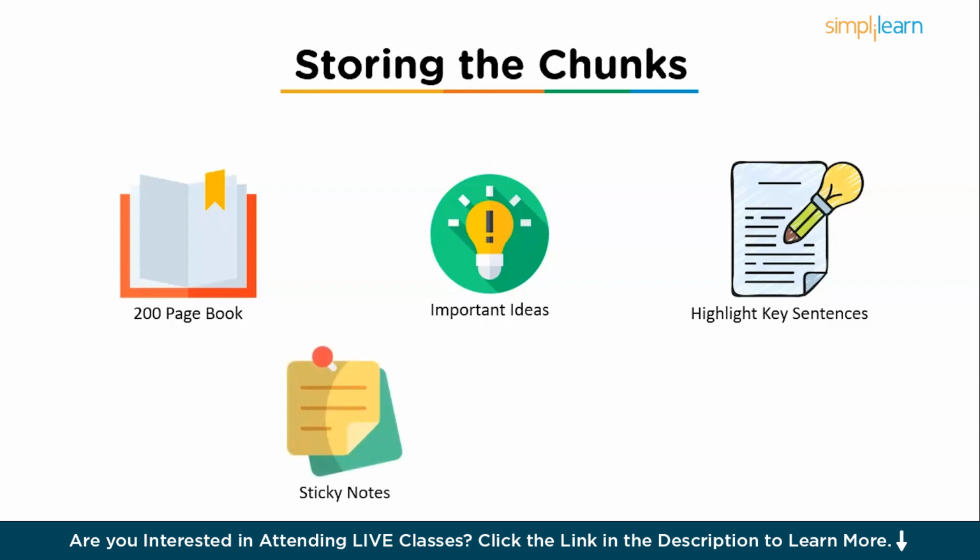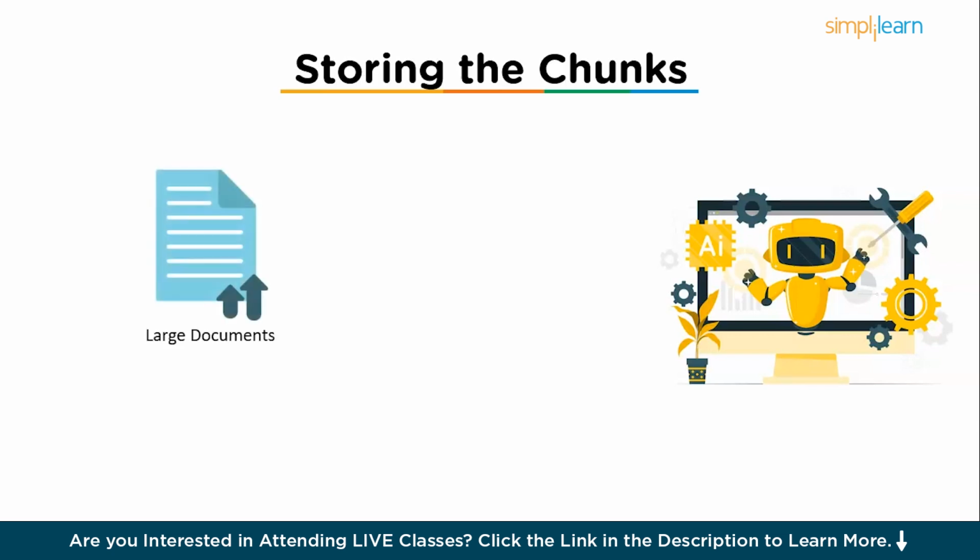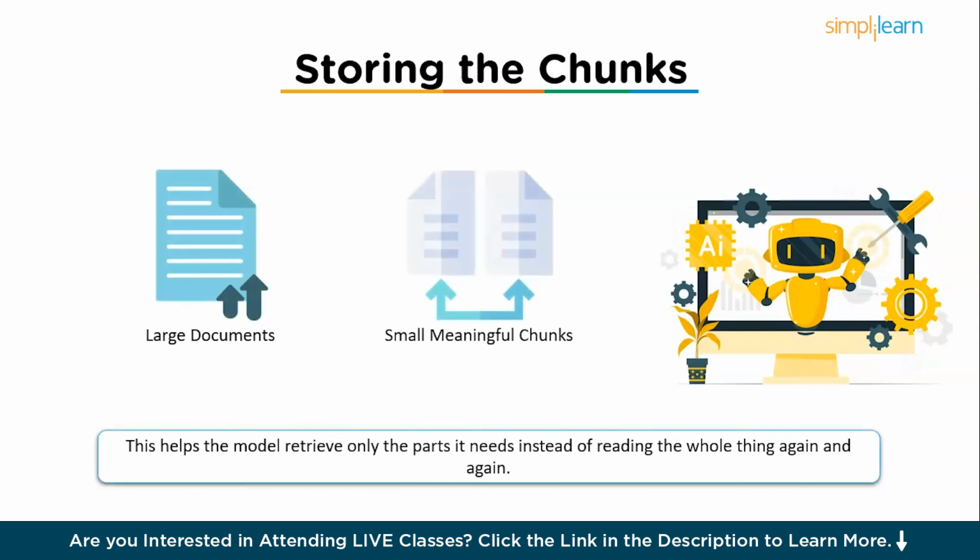These sticky notes are your chunks. In the world of AI and large language models, especially in Retrieval-Augmented Generation systems, we do something similar. We split large documents into small meaningful chunks of text. This helps the model retrieve only the parts it needs instead of reading the whole thing again and again.